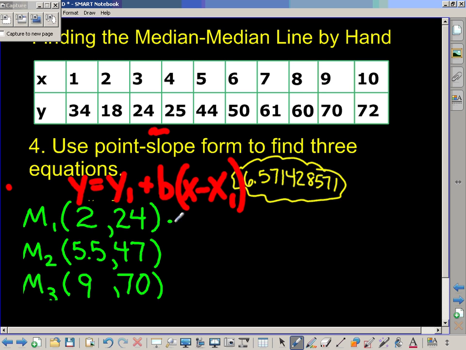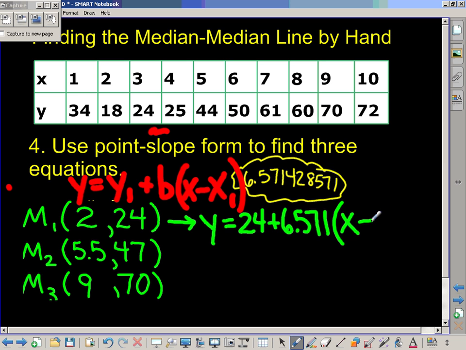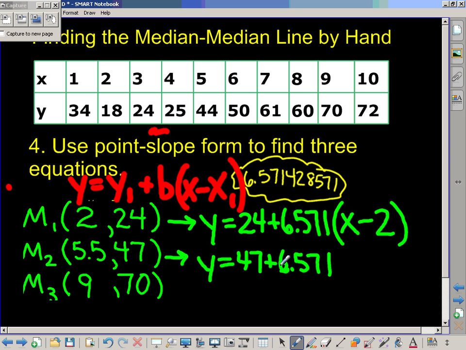So for M1, we're going to say y equals 24 plus our b, 6.571 times x minus the x that goes with M1. Next we have y equaling, this is our second equation, 47 plus 6.571. I'm rounding for now.